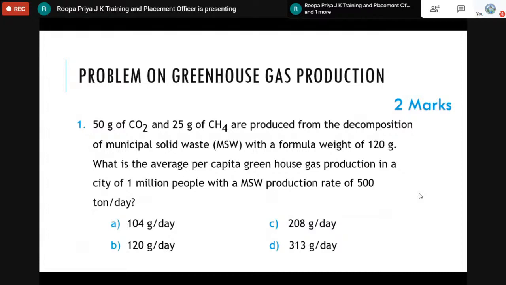So it says, according to this problem, 50 grams of carbon dioxide and 25 grams of methane are produced from the decomposition of municipal solid waste with a weight of 120 grams. And the population is 1 million, and the municipal solid waste production rate is 500 ton per day.